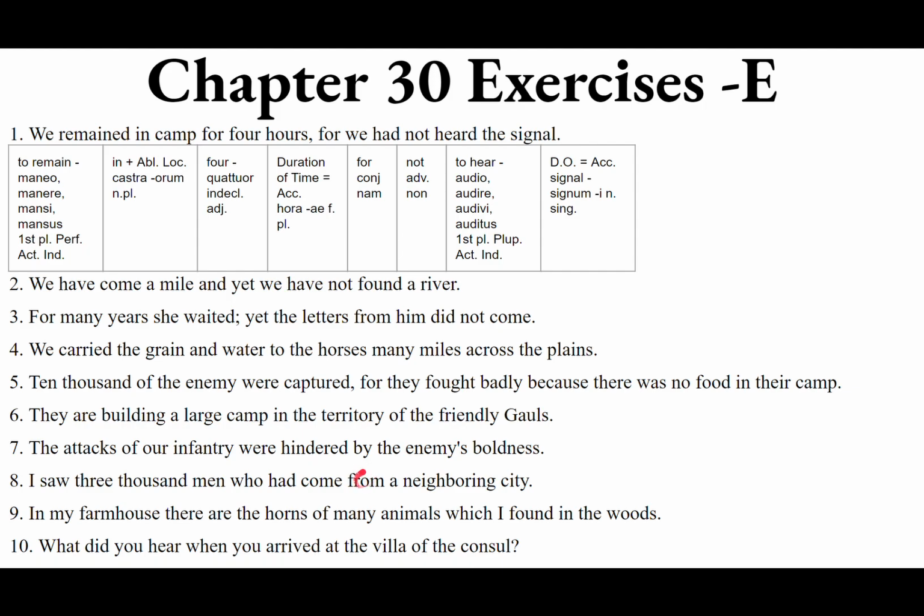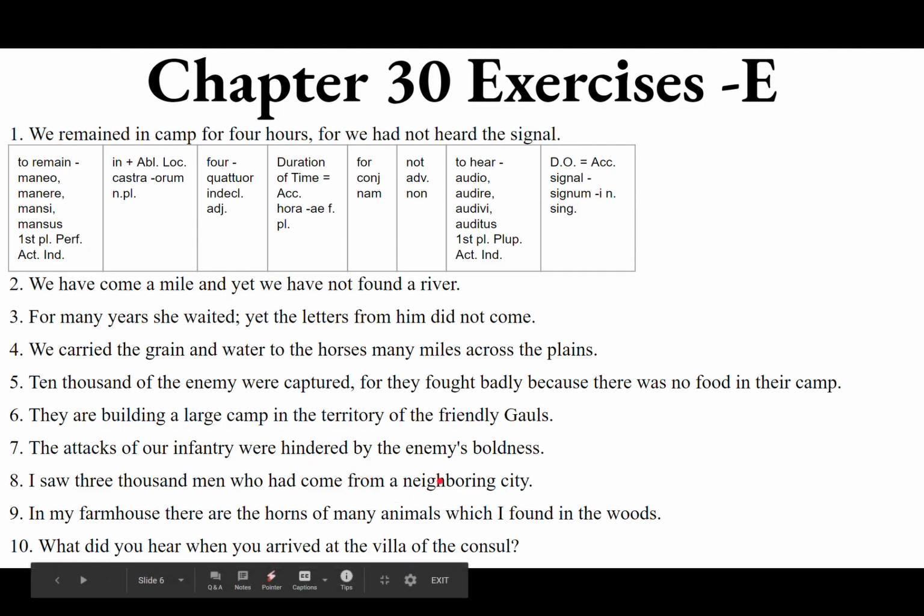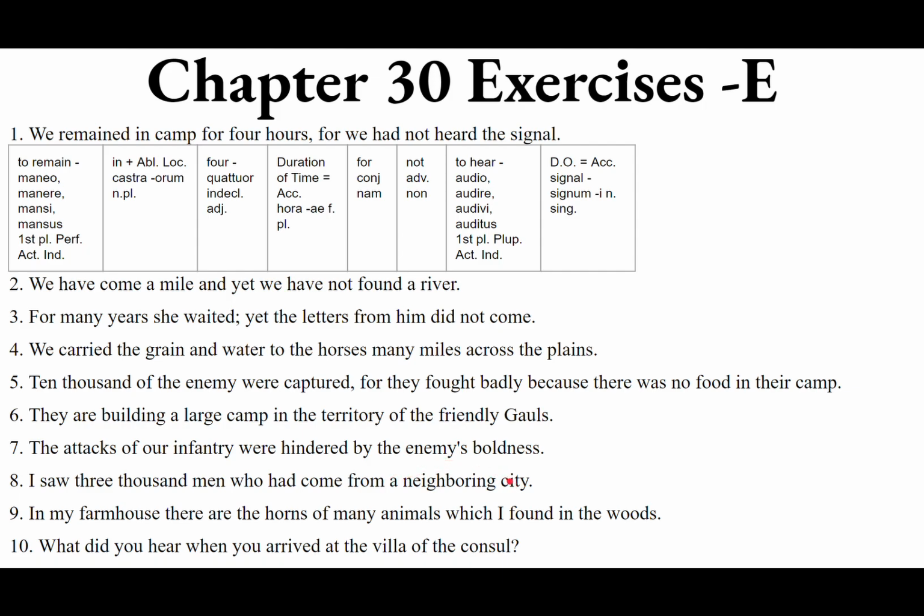So ablative of separation with ab, plus this adjective neighboring, finitimus, a, um, and city is urbs, urbis, feminine. Ab urbe. Finitimus gets the ablative singular feminine ending, finitima, with a macron over the final a. So altogether, the sentence is something like: tria milia virorum vidi, qui ab urbe finitima venerant.